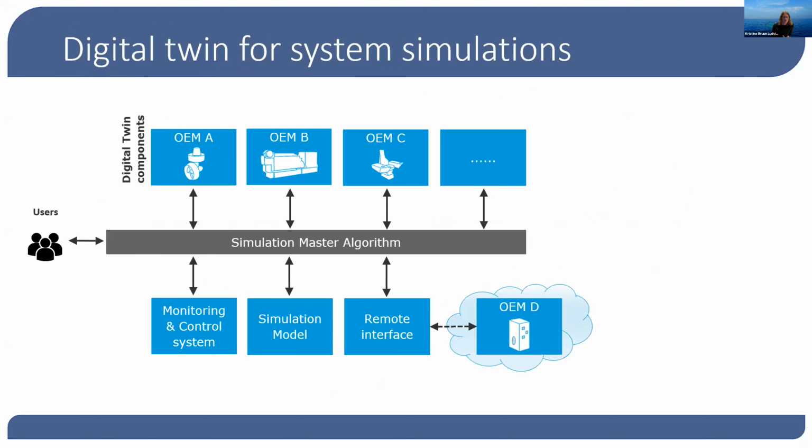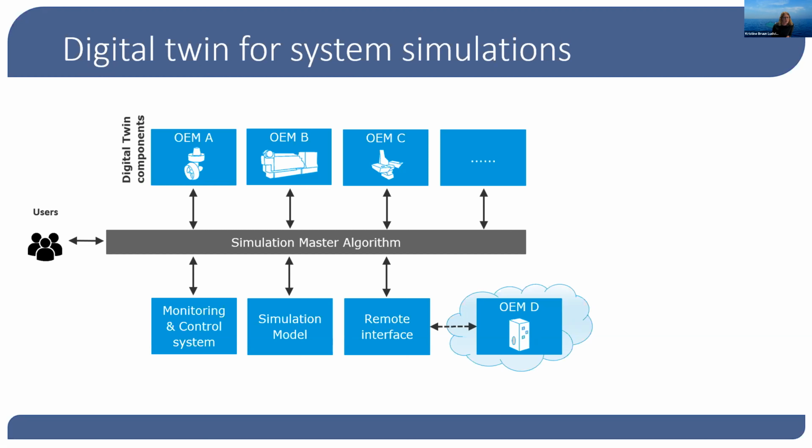But based on this concept of the digital twin components, the figure here shows the main component or concept of the open simulation platform. The idea is to adapt and develop standardized algorithms so that we are able to interface these digital twin components for different manufacturers or other providers to be connected into one common simulation.